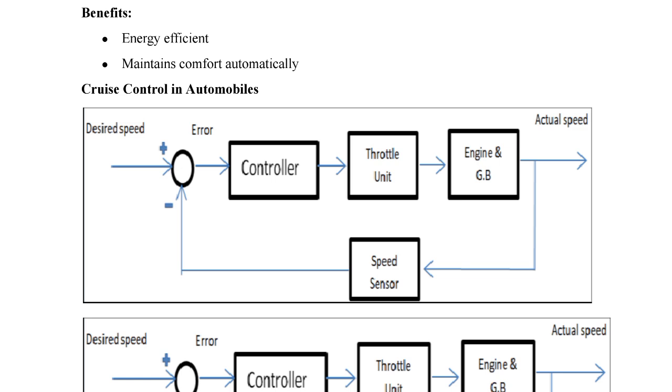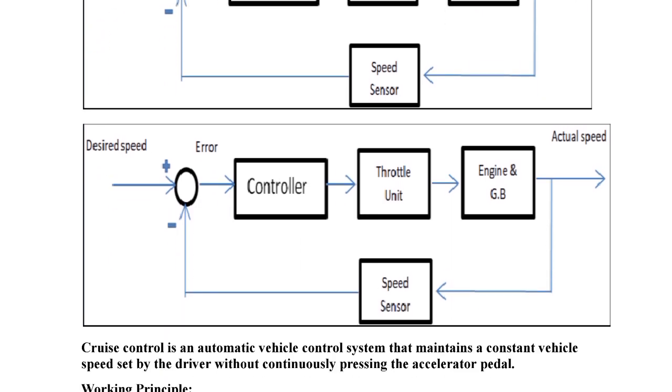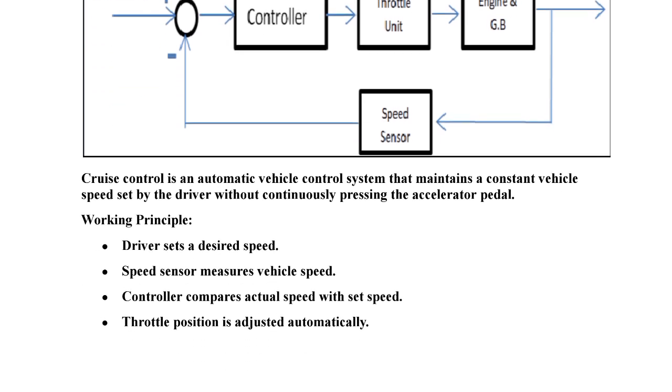That input goes to the controller, throttle unit and engine. Based on the output speed, the speed sensor gives the feedback signal to the error detector part. It is compared with the desired speed, and after that it is automatically adjusted by the controller part. These are the parts of the cruise control system.